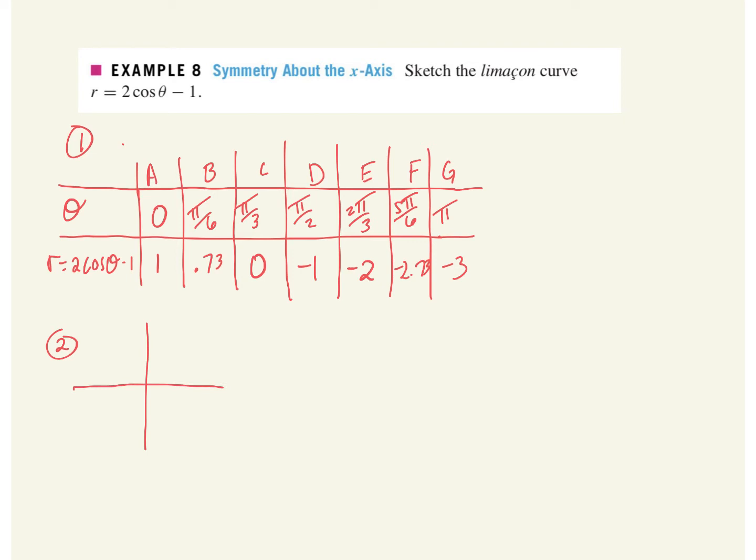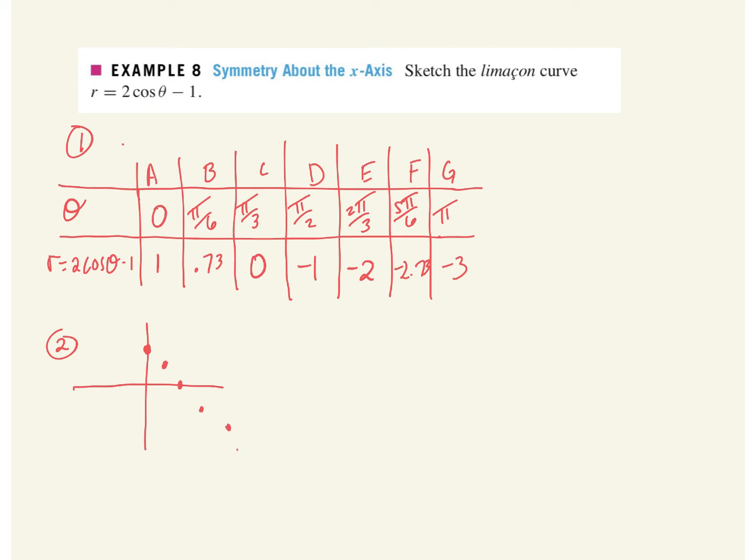with our symmetry in mind, we would have 0 up here at 1. Then our next angle, pi over 6, would be a positive number roughly here, and then pi over 3 is the 0, and it obviously keeps on going down. We know what the cosine curve looks like. So nothing magical here.